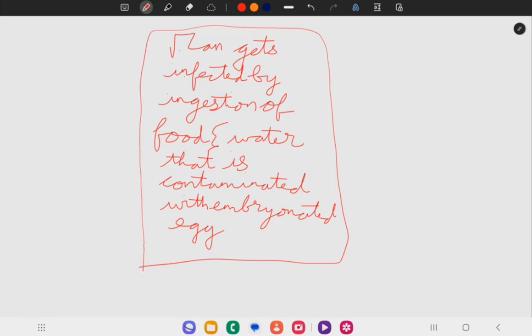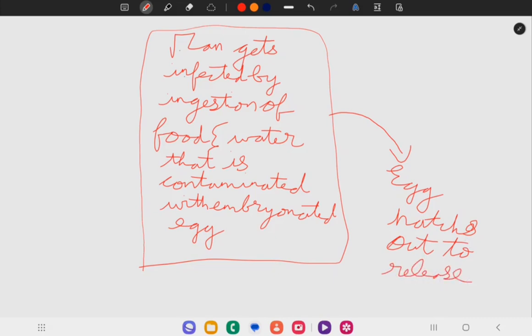Following ingestion, the egg hatches out to release L2 larva.